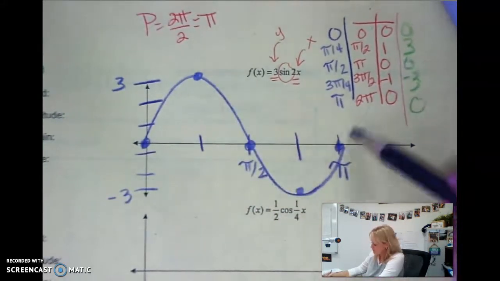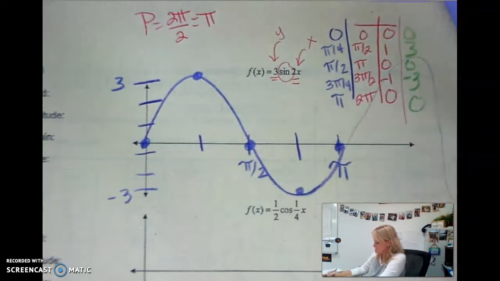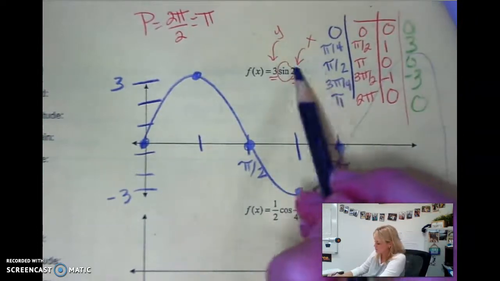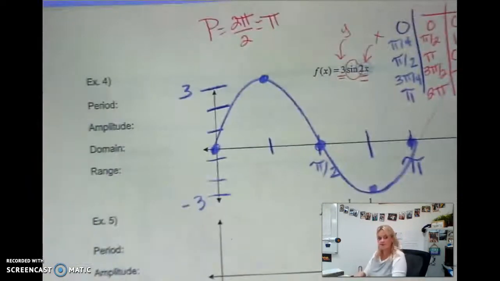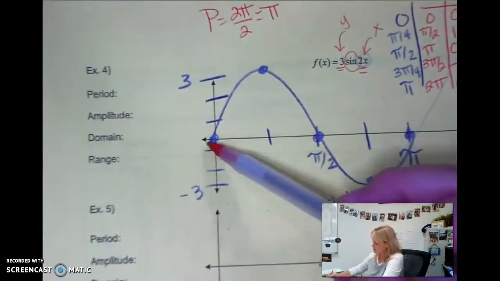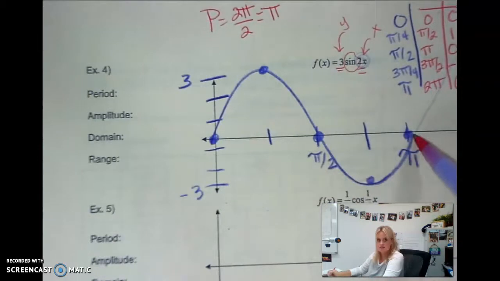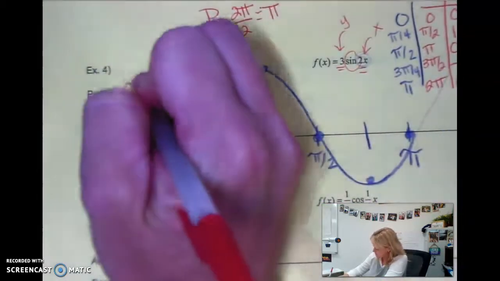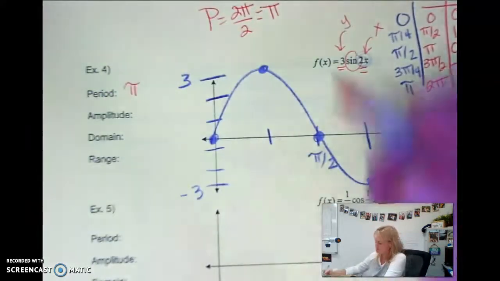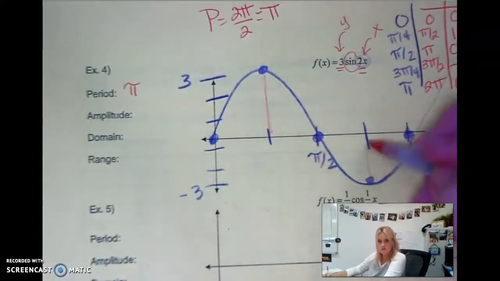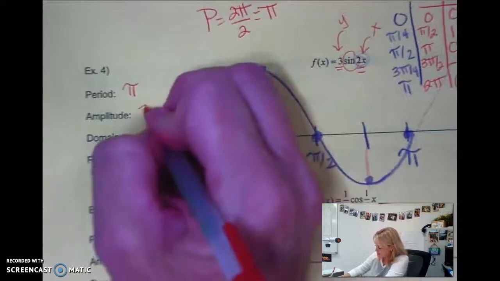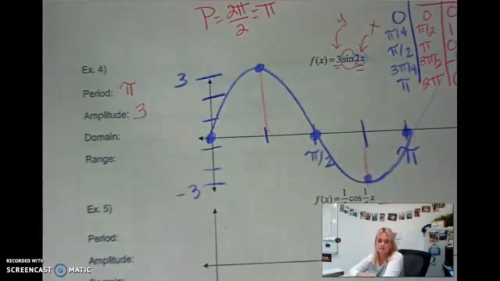Now, how many sine waves would it take to get to 2 pi? 2 of them. So now, what is my period? It started and stopped at pi. What is my amplitude? It's from the midline, 3 high or 3 low, but it's a distance, so it's always positive.